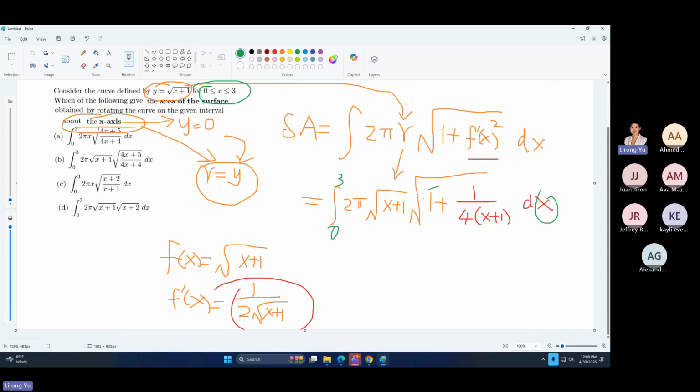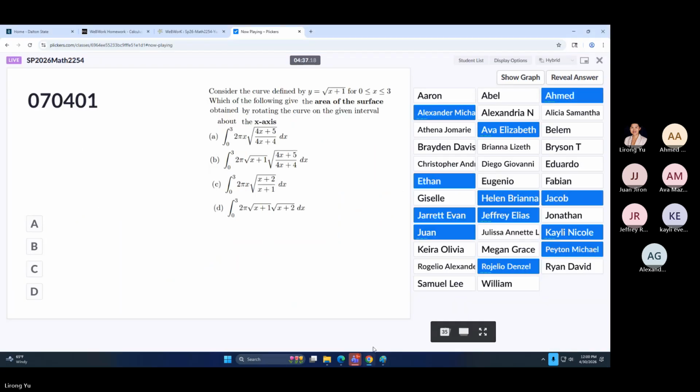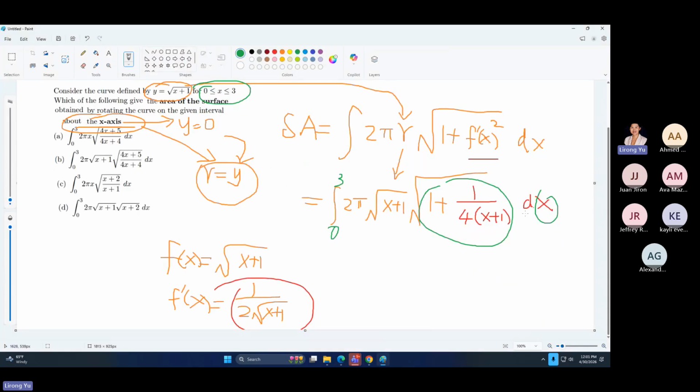Okay, you're going to finish the summation there. This is actually 1 plus 1 over 4 times x plus 1, which is 4x plus 4.